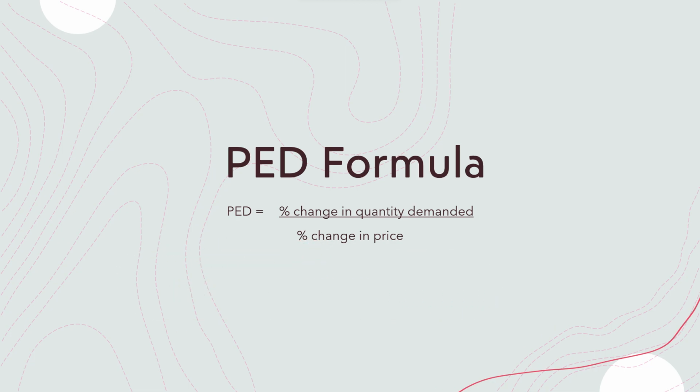The coefficient of price elasticity of demand, called PED, is calculated by the formula percentage change in quantity demanded divided by percentage change in price. This formula can be applied either over a range of prices or at one point, that is called point elasticity, or over the whole curve, that is called arc elasticity.